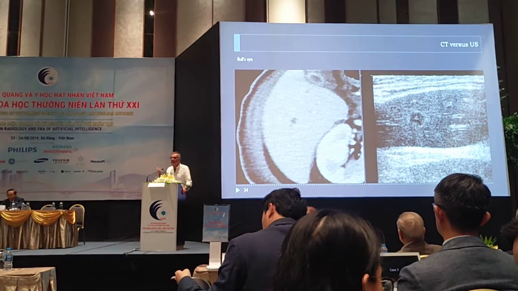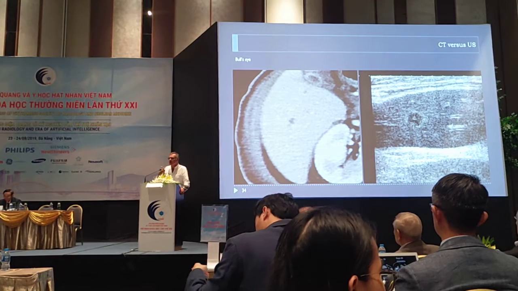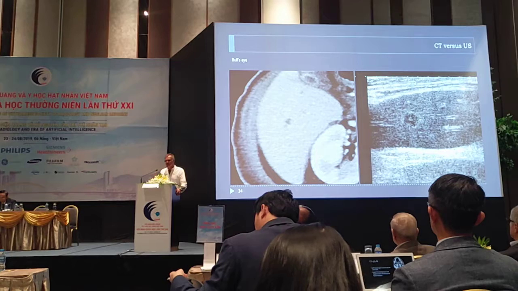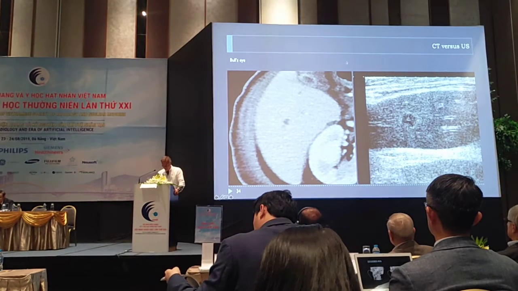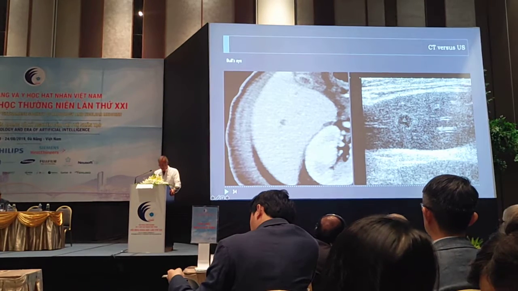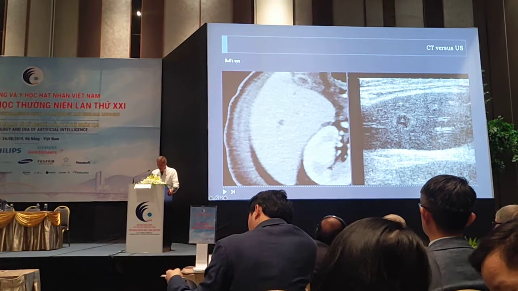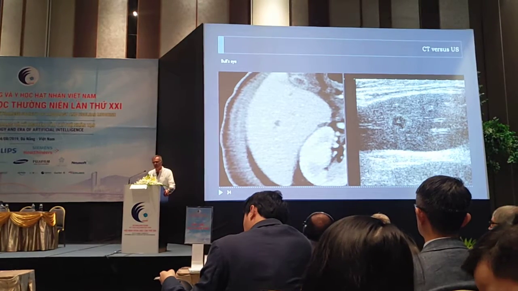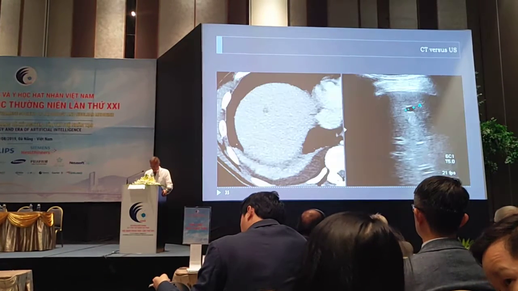Could it be a cyst? Maybe. Could it be a metastasis? Maybe. Could it be something else? Maybe. And you get the answer with ultrasound, because with ultrasound you have the bullseye pattern, and in this case you are able to suggest that the patient has a fungal infection in the liver.